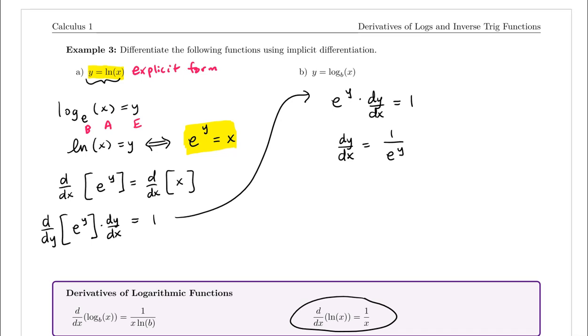So I can make a substitution and say dy dx is equal to 1 over x. And this is our final answer. So you have helped me to derive the formula for the derivative of the natural log of x, which happens to be 1 over x.